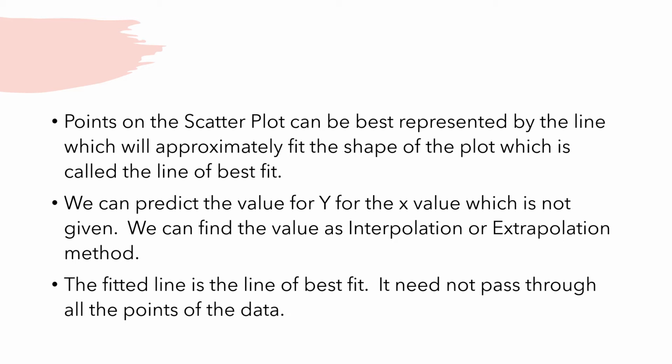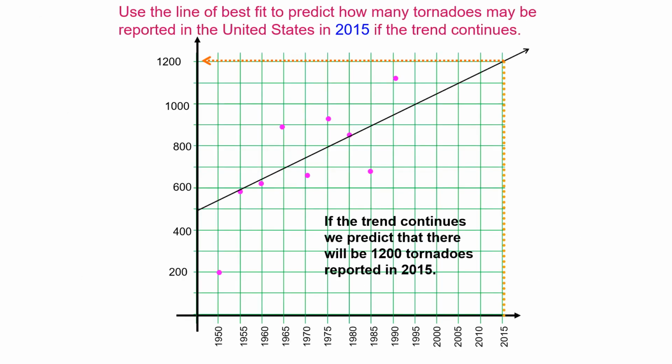We also know that the line of best fit will not pass through all the points, but it will be the best representation for the whole data. Like in this example, for the scatter plot, we can draw a line by the freehand method such that an equal number of points lie above and below, and this is an approximate trend line.